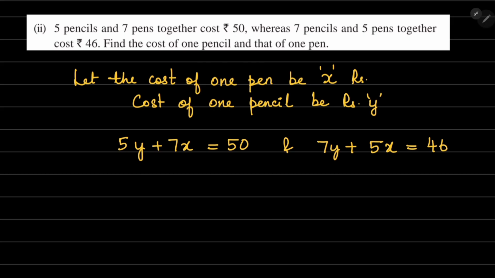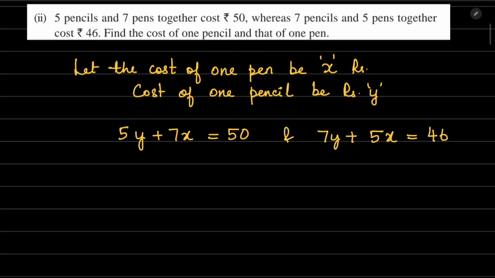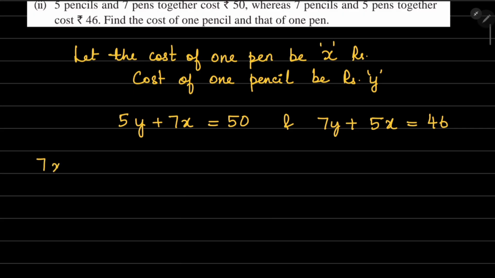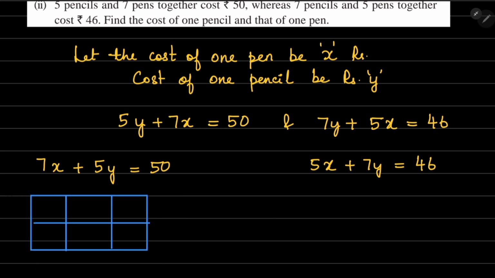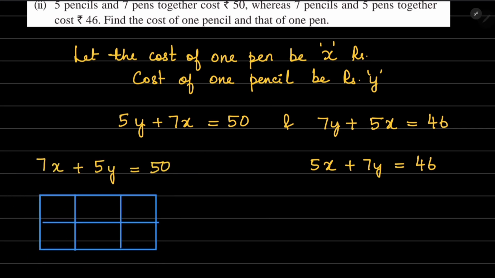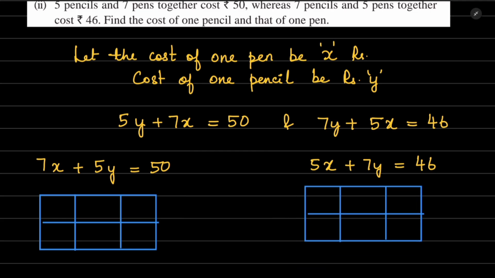So you have formed a pair of linear equations. Now you have to go ahead and solve it. So the first one is 7x plus 5y equal to 50, and the second one is 5x plus 7y equal to 46.